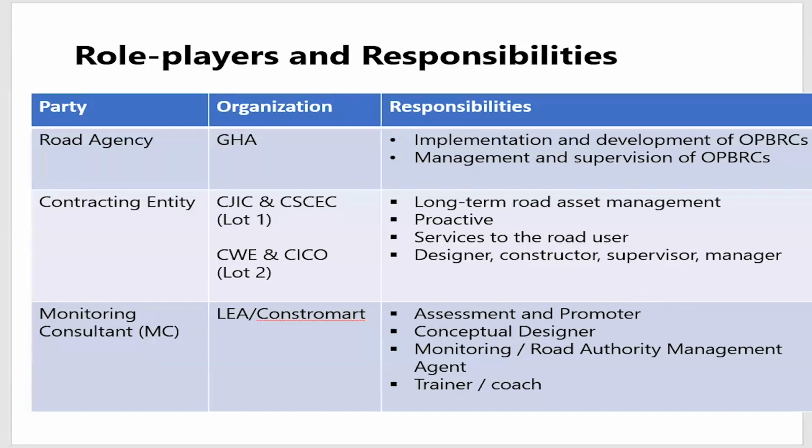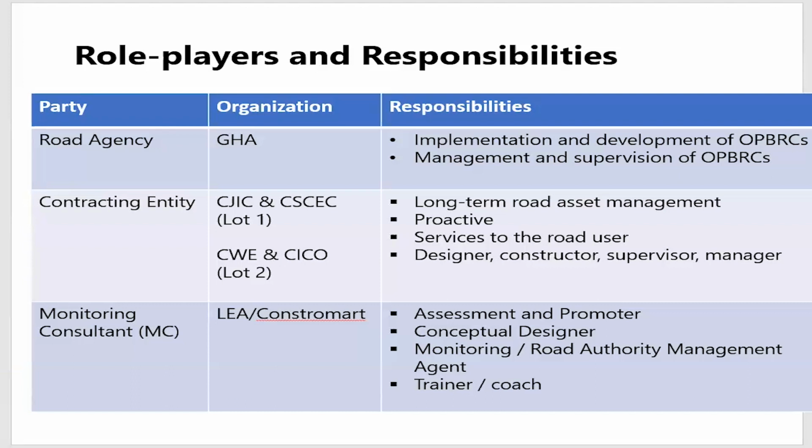The key difference is the role of the contracting entity. We've moved away from the word contractor to contracting entity in this performance-based contract because the contracting entity comes as a designer. He is responsible for the design of the road. He comes as the constructor of the road.